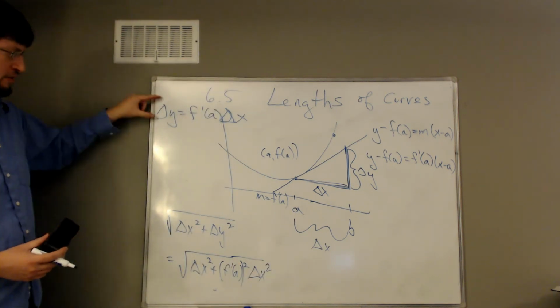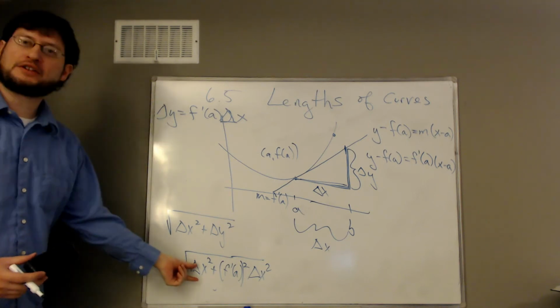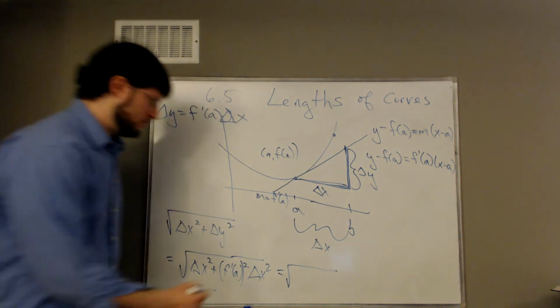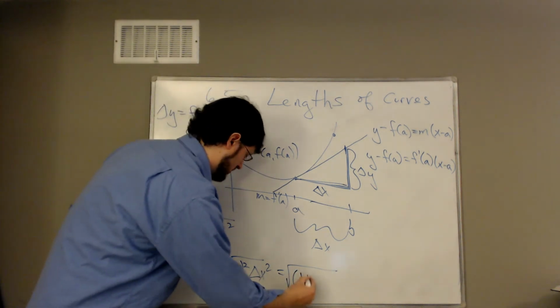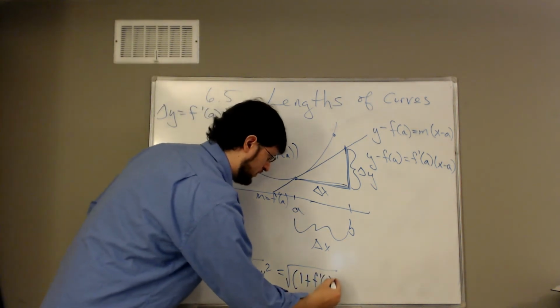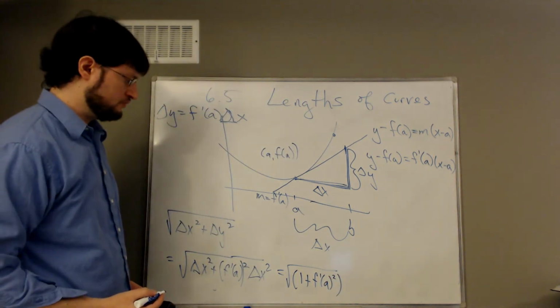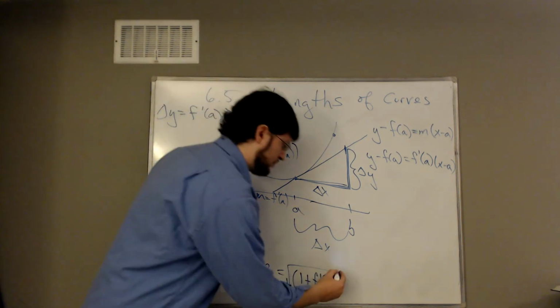because that's delta y. Now I'm going to factor a delta x squared out, and let's put it on the right. I get 1 plus f prime at A squared, and then multiplied by delta x squared.